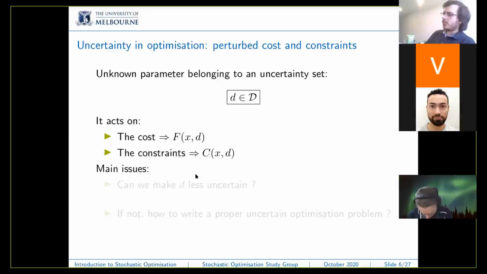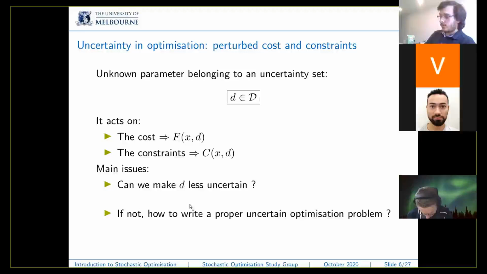There are two main issues that I will address from now. The first one is kind of intuitive. When you have something that is unknown, maybe you want to get information on it. Maybe you want it to be less uncertain. And if you cannot, maybe you want to write a proper uncertain optimization problem. You want to deal with it.